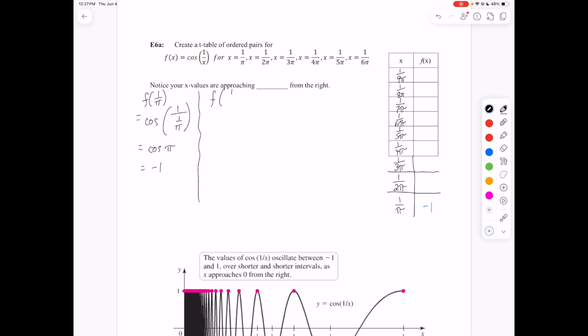Let's look at f of 1 over 2 pi. That will simplify into cosine of 2 pi. And that is because when you divide by a fraction, you multiply by the reciprocal. Now that's +1.